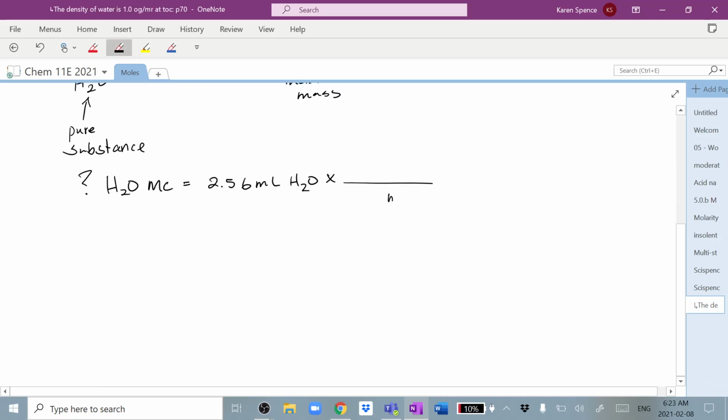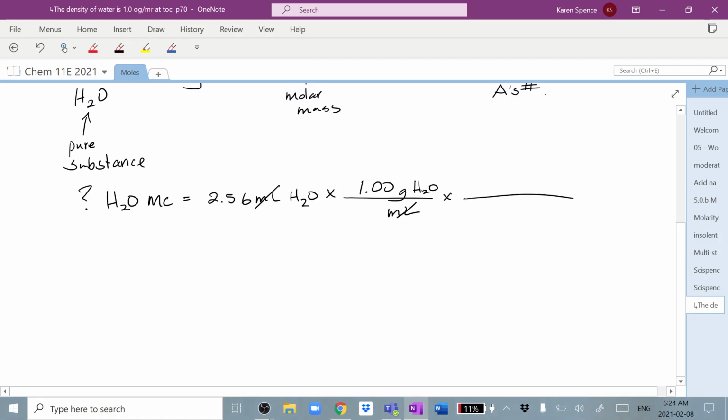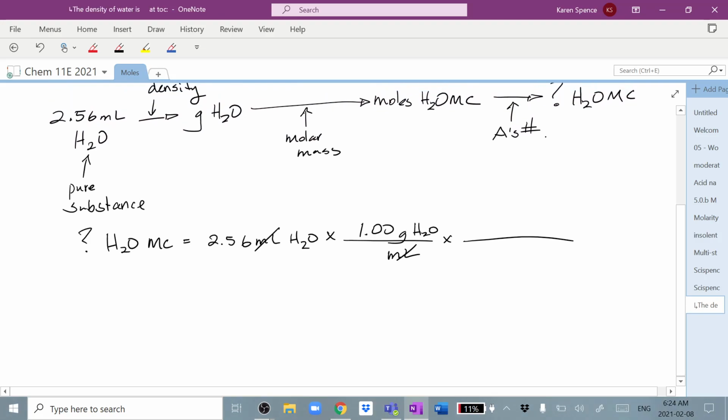So I need to cancel milliliters and find grams. So 1.00 grams per milliliter of water goes on the top. So we have now made it to grams of water. Next we need to find moles of water. So cancel grams of water and find moles of water.